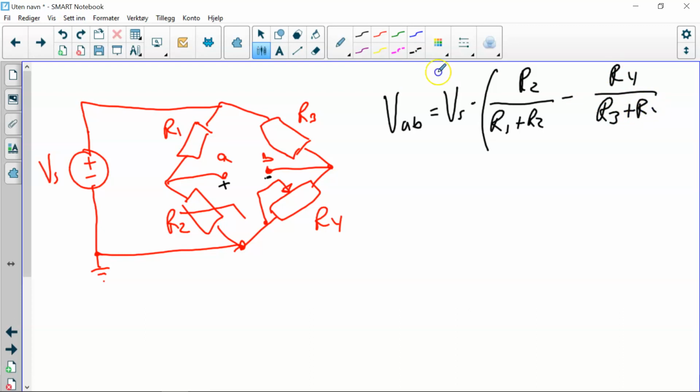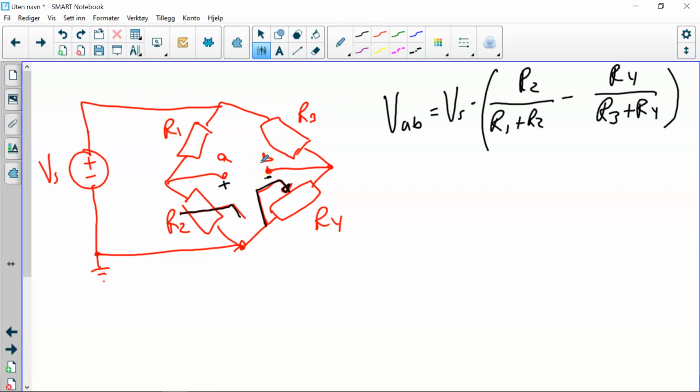minus R4 over R3 plus R4. Now, if the bridge is balanced, we have our sensor here and our variable resistor there. I adjust the resistor until I measure 0 volts across the terminals A and B. If I measure 0 volts, I can really fine tune it because I can adjust the voltmeter so it measures millivolts and finally microvolts until it's definitely 0 volts across the terminals.